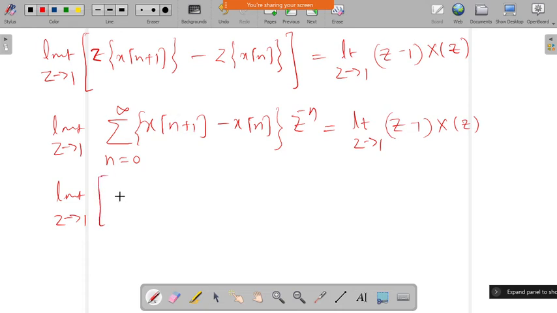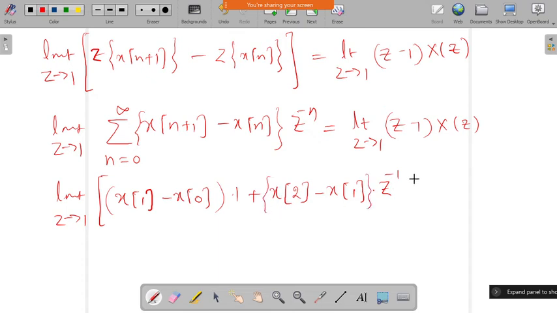If I put n equal to 0, you will get x[1] minus x[0], times z^0, which is 1. Again plus, if I put n equal to 1, it becomes x[2] minus x[1], times z^(-1). Similarly, we will go on getting the values, equal to the limit of (z minus 1) X(z), z tends to 1.